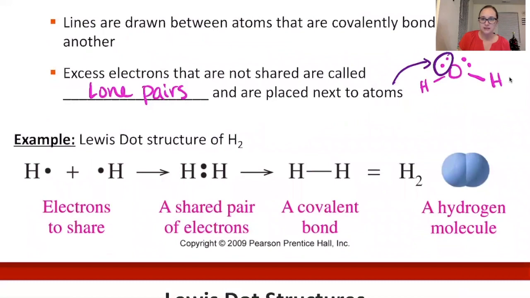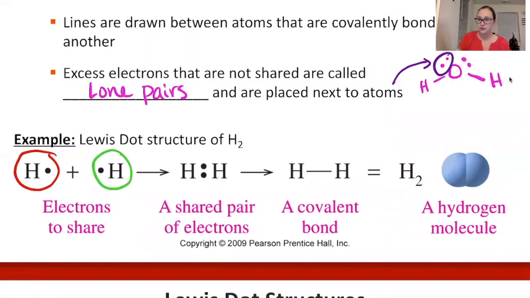Okay, so let's look at an example of hydrogen. If we had a molecule of H2 or hydrogen gas, we would draw out 2 hydrogens with their valence electrons. So we have 1 hydrogen here with its 1 valence electron and a second hydrogen with its valence electron.